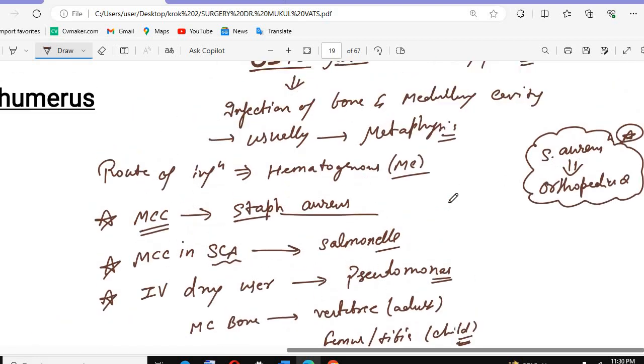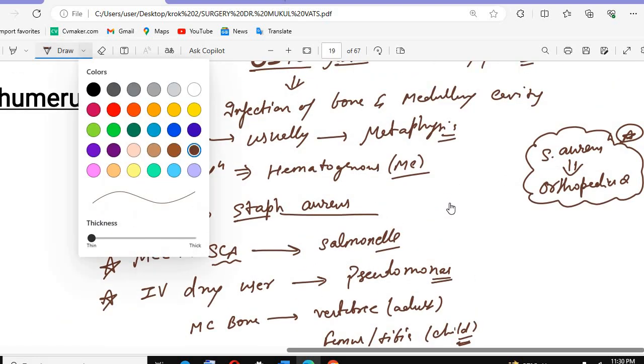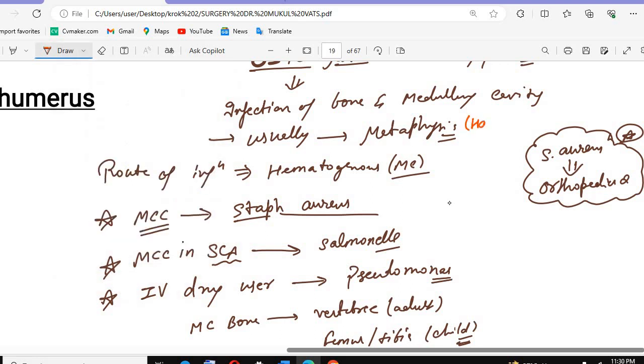In the metaphysis there will be a hairpin loop arrangement of blood vessels, due to which venous stasis will be there. And if venous stasis is there, that allows the movement of organisms, and that will result in infections.